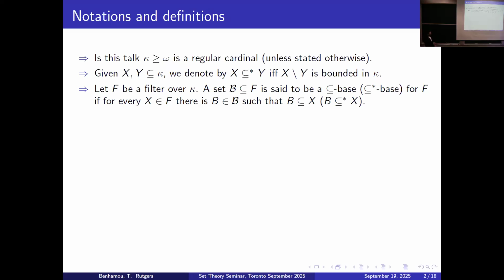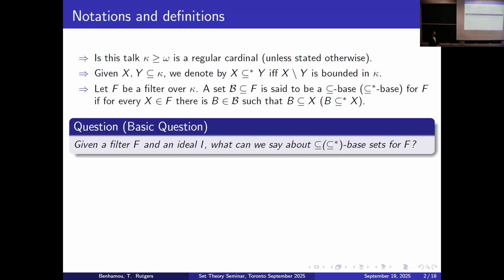And the basic question is, well, given a filter F, forget about the ideal, what can we say about subset or subset star bases for F? How do they look?